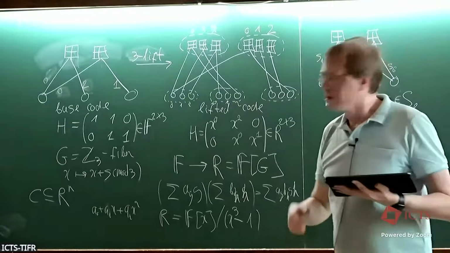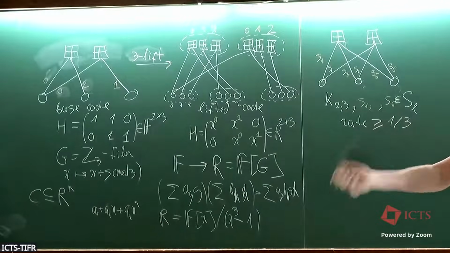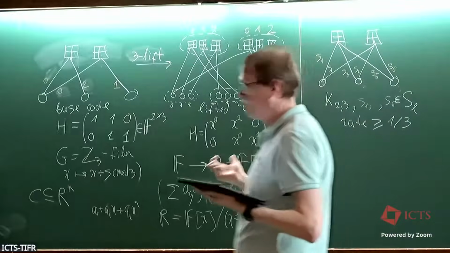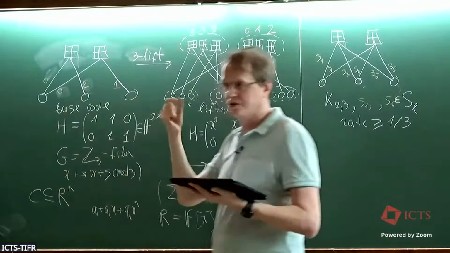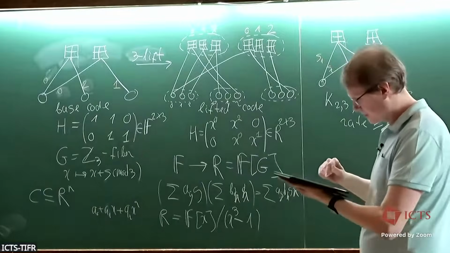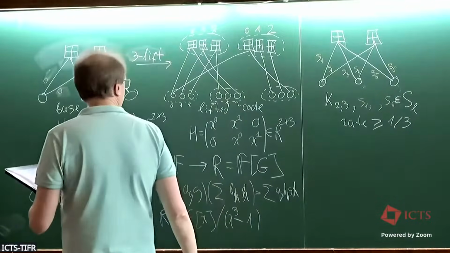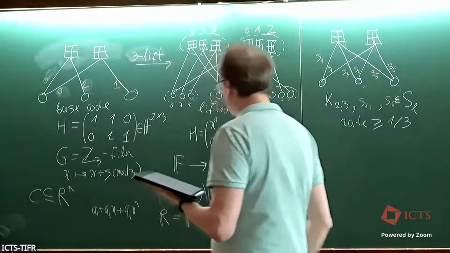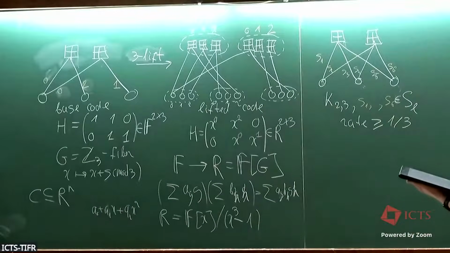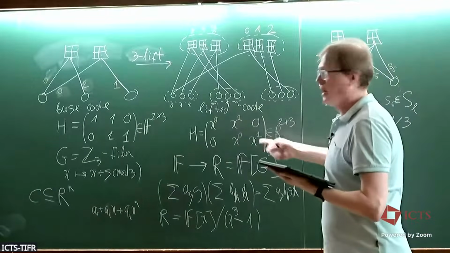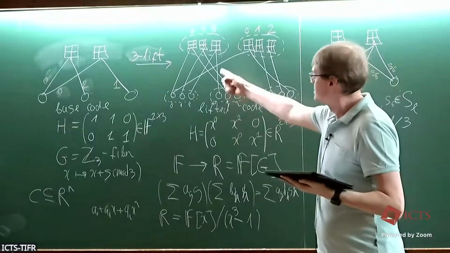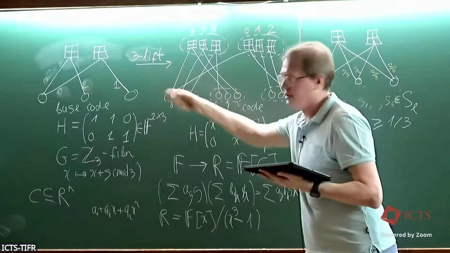And everything works exactly like in standard coding theory. The only difference is we change field to the ring. Okay. And here you can see the parity check matrix, which is, of course, obtained from these shifts.